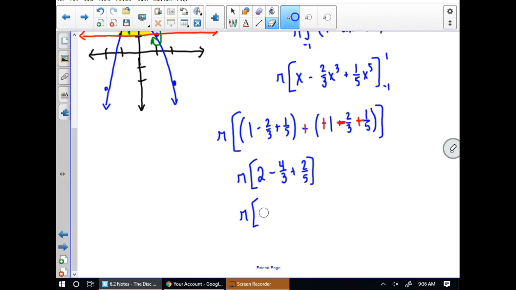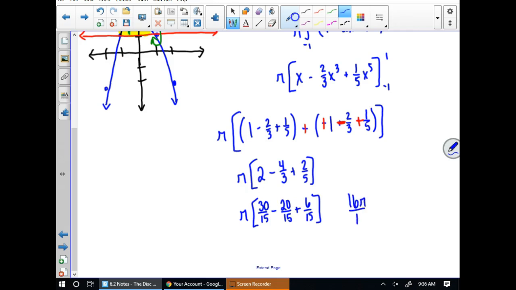Put everything over 15, so that'll be 30 over 15 minus, multiply by 5 here, so minus 20 over 15, plus 6 over 15. So we get 16 pi over 15.